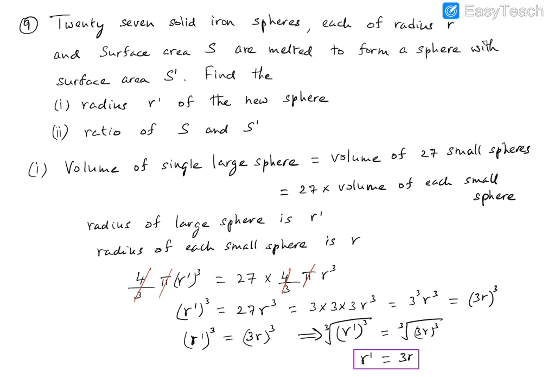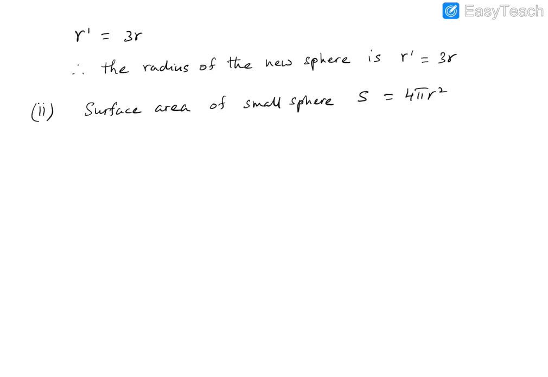That is what we have taken here. The radius of the small sphere is small r here. So the surface area of the small sphere is 4 pi r square.